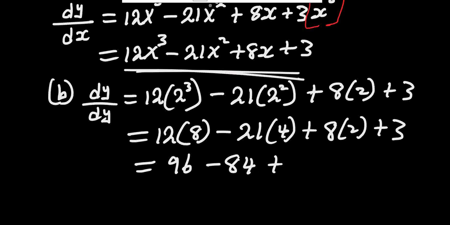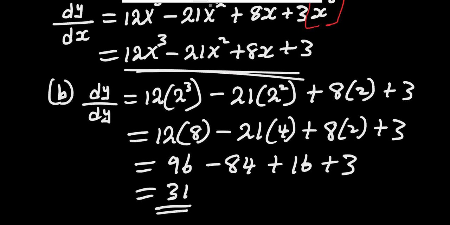Plus 8 times 2 is 16 plus 3. So now 96 minus 84, that will give us 12, and 12 plus 16 is 28, and 28 plus 3 is 31. So the answer to this question is 31. And I hope this makes some sense.